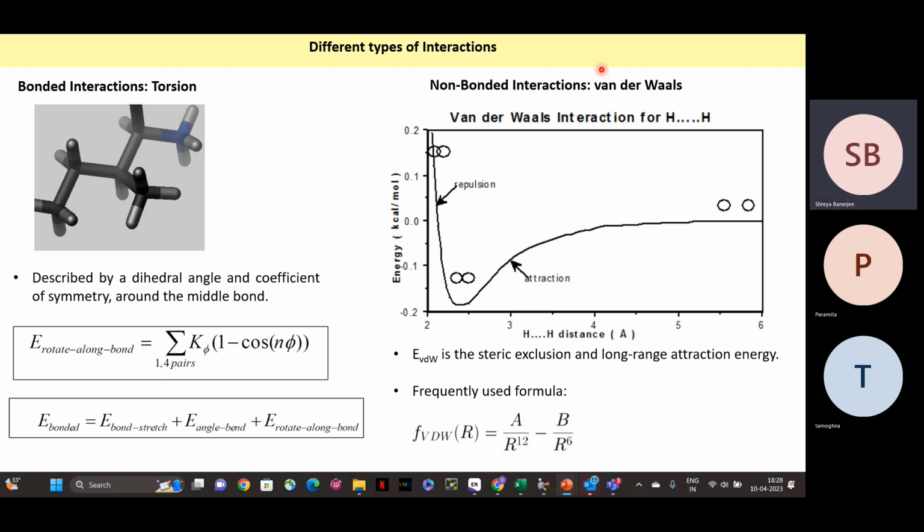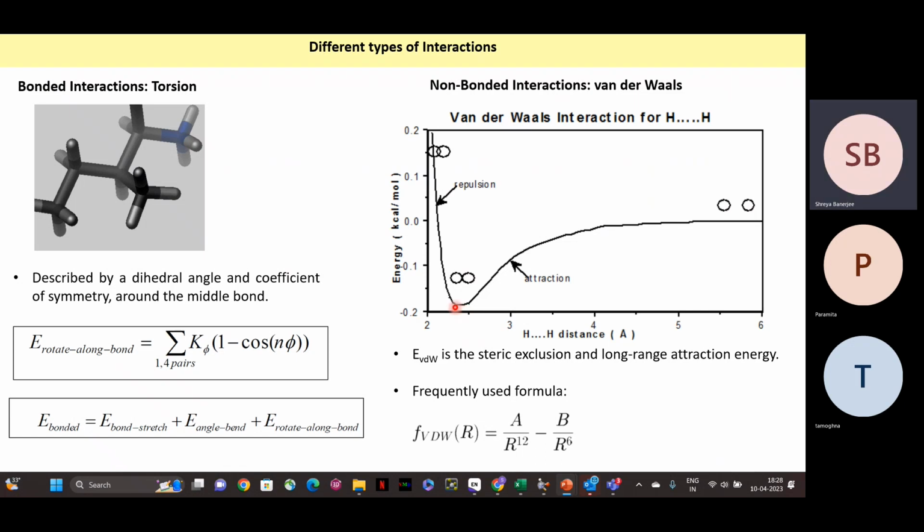Right. So as I was talking, there are different kinds of non-bonded interactions. The first of which is the van der Waals interaction. When two atoms are at infinite distance from each other, there is no energy between them. But as they come closer, a certain attractive energy starts working between them, which reaches a maximum at a certain distance, and that is the equilibrium van der Waals distance between the two atoms.